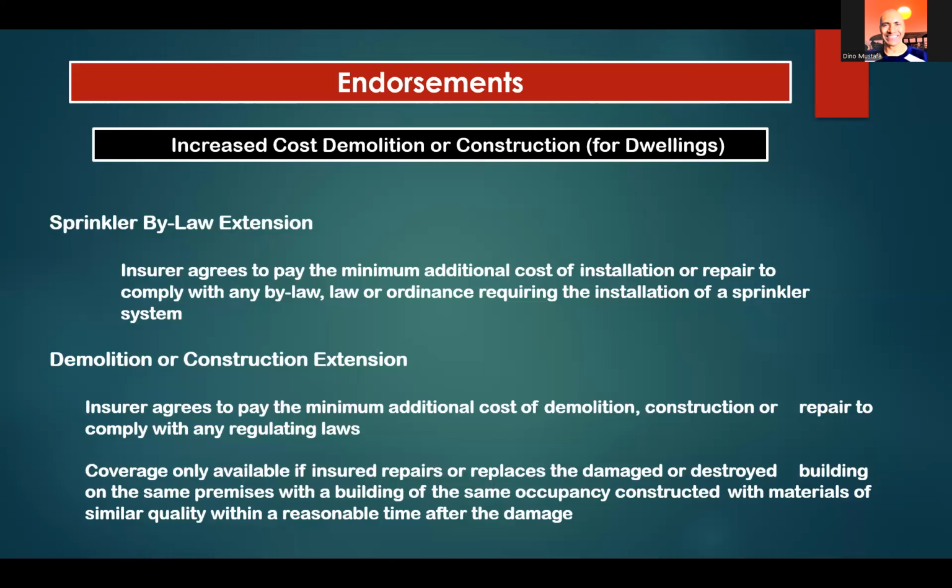Okay, and the same occupancy means it's not only how many people live there, but what the building was used for, what they were doing before. It has to be for the same occupancy. And then the construction of the building has to conform to similar material, or if not, higher quality material. It cannot be lower. Okay, so these are the conditions.